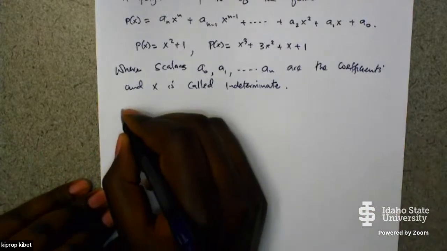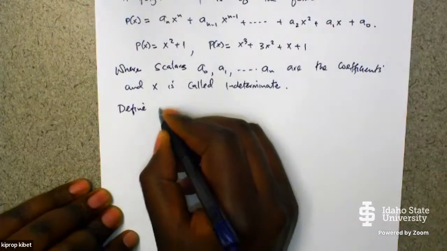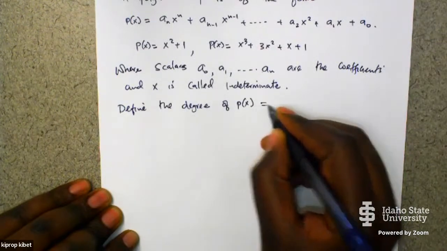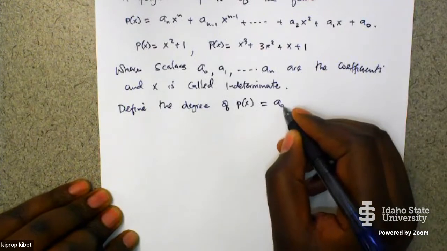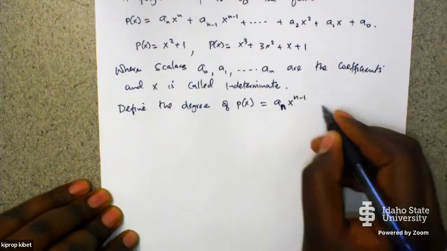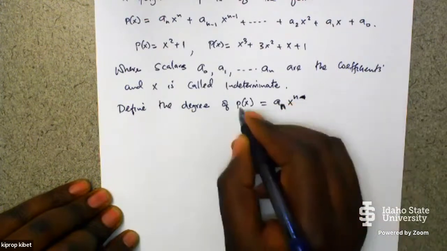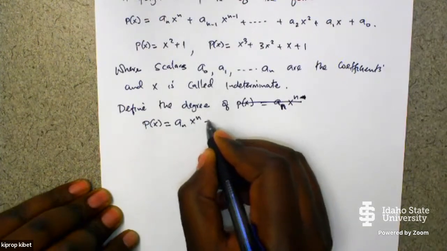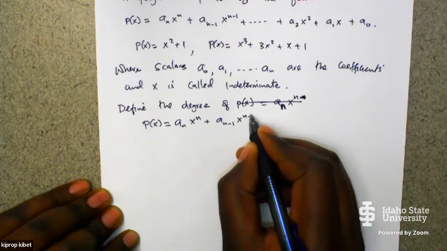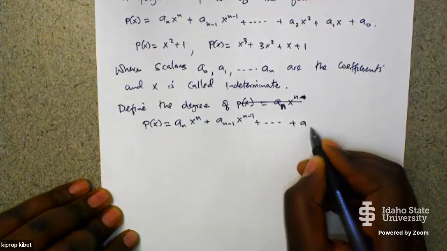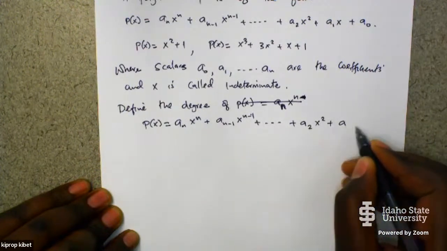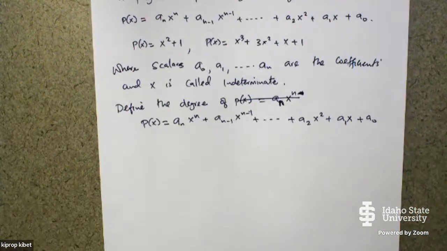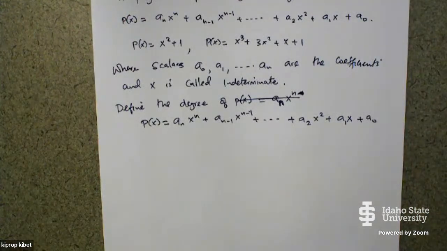Now, define the degree of p(x). Let's write it again: p(x) equals a_n x^n plus a_(n-1) x^(n-1) plus up to a_2 x squared plus a_1 x plus a_0.